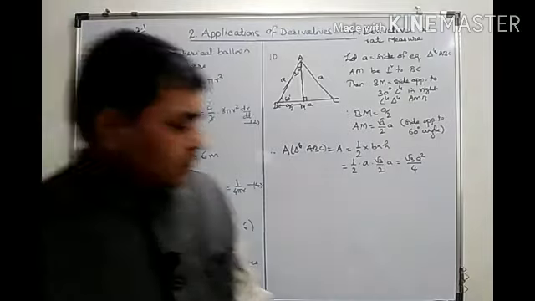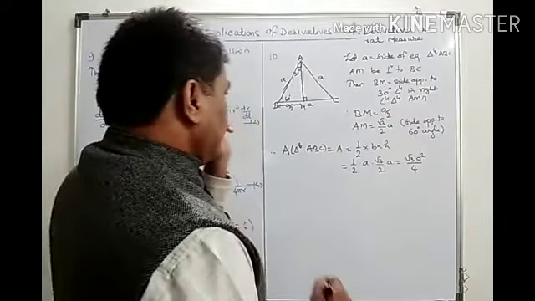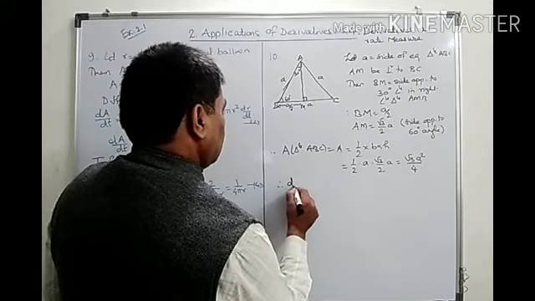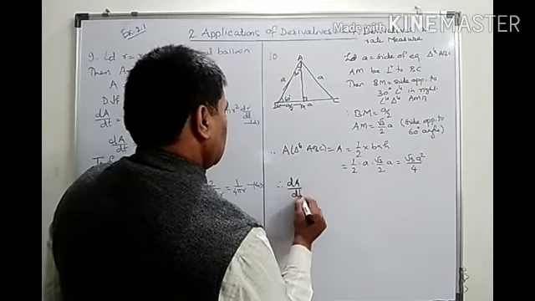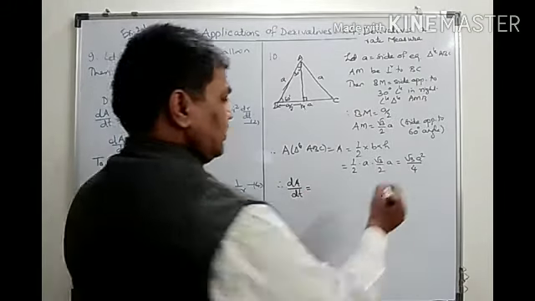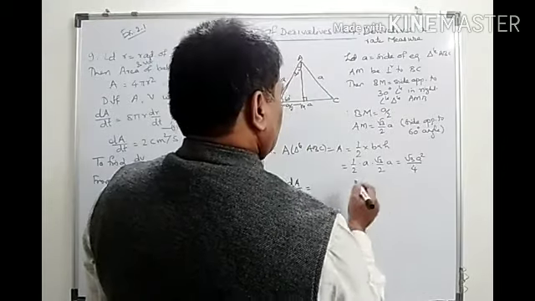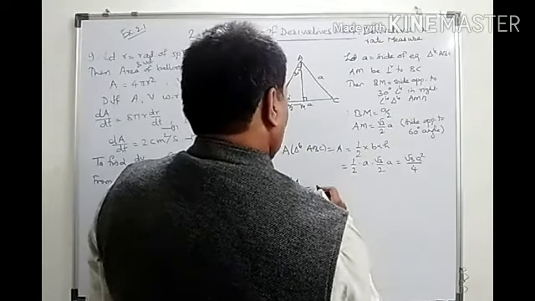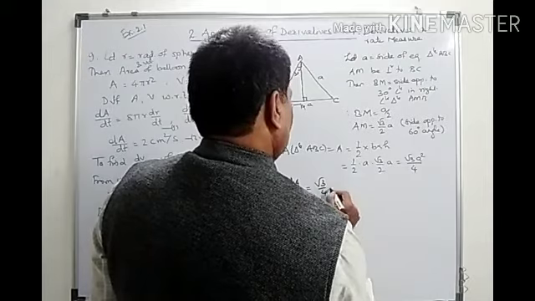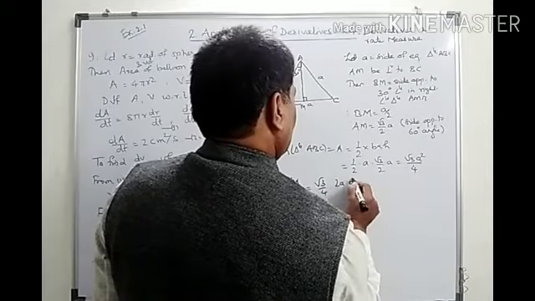Right. Therefore, if I differentiate this, what will we get? dA by dt is equal to root 3 by 4, constant, into 2A into dA by dt.